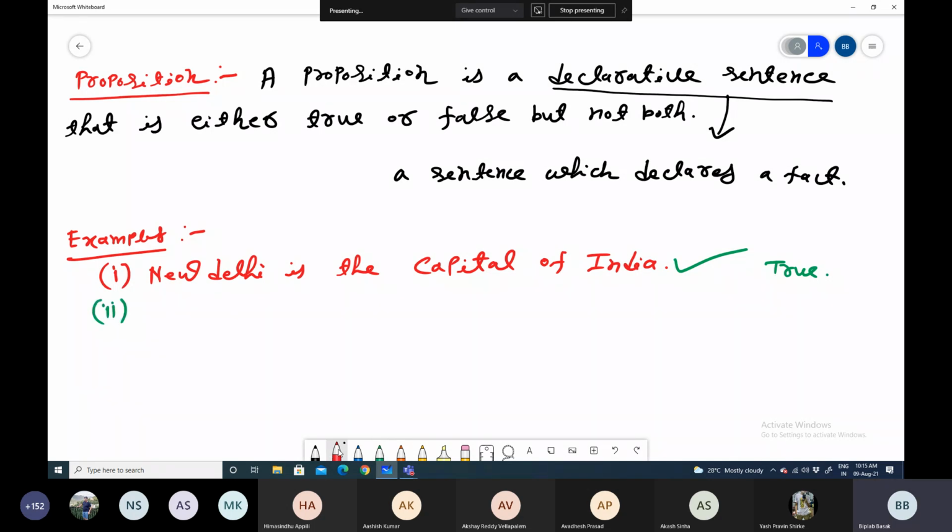Now the next example. If I write 1 plus 1 equal to 2, again this is a fact, so this sentence declares a fact. Therefore, again, it is a proposition, and this proposition is true.